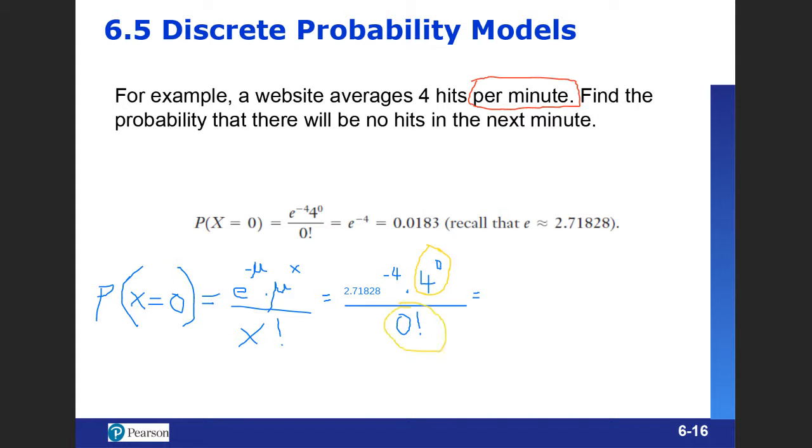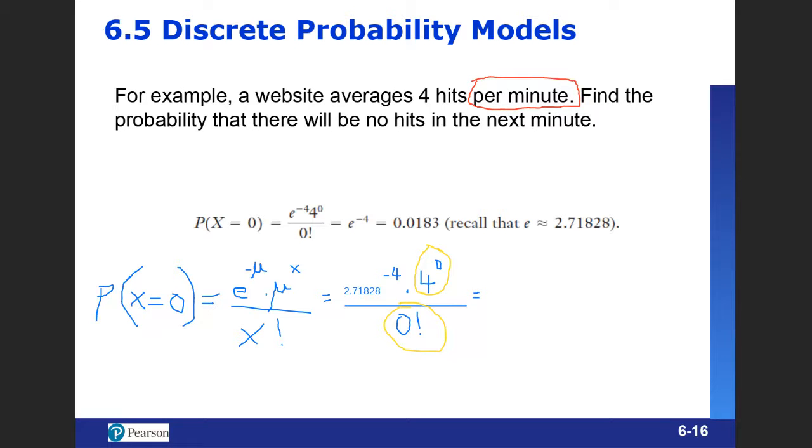We said 3 factorial is 3 times 2 times 1. 1 factorial is 1. What is 0 factorial? Not 0. So Ying, it's not 0. Oscar, you're right. It's 1. So now my numerator is 1. My denominator is 1. I am left with 2.71828 raised to the power negative 4.